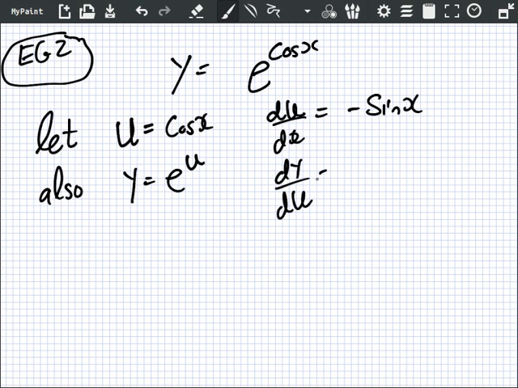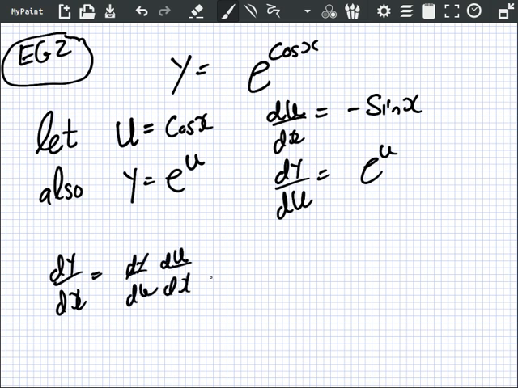What does dy/du equal? e to the u. So, dy/dx equals dy/du times du/dx, which equals e to the u times minus sine x.